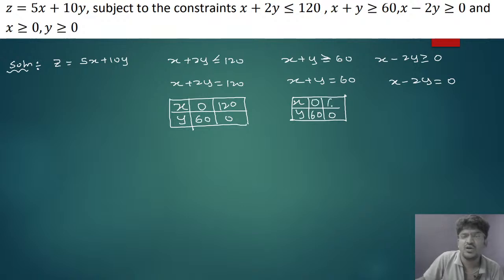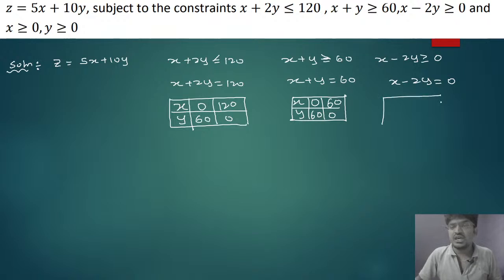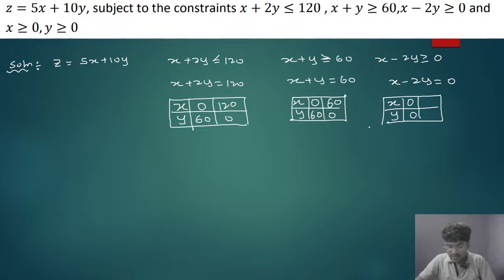If y is 0, x is 60. And you can see third equation. If x is 0, y is 0. And if I put x value as 60, y will be 30.